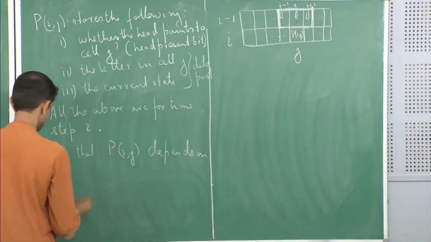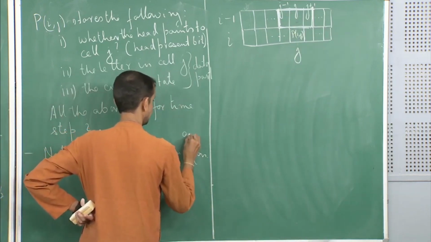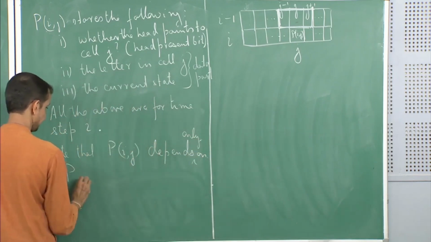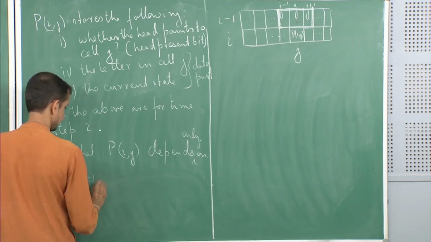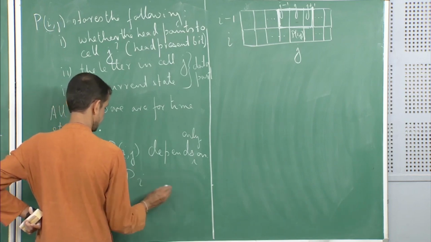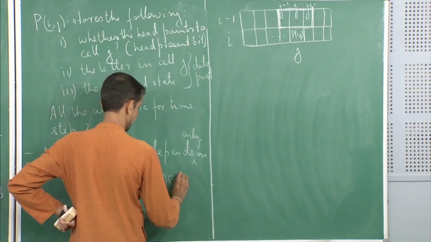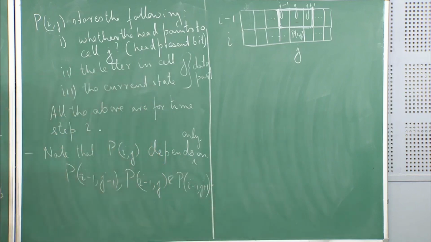So Pij depends only on P I minus 1 comma j minus 1, P I minus 1 comma j, and P I minus 1 comma j plus 1, only these 3 cells.